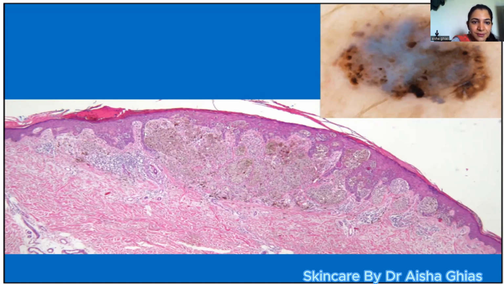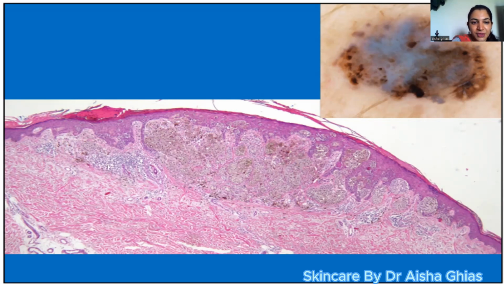As you can see over here, the junctional activity of melanocytes is there, and there are huge proliferations of nests of melanocytes. Now, this whole bunch of melanocytic nests would appear as a dot on dermoscopy. Even the small nests will appear as small dots and the huge nests would appear as big dots on dermoscopy when you see the lesion from the top with your scope.